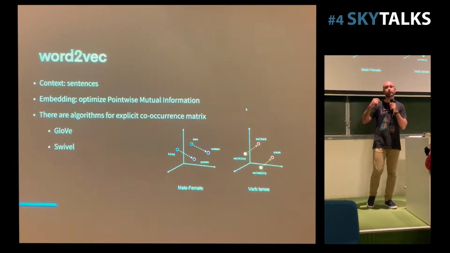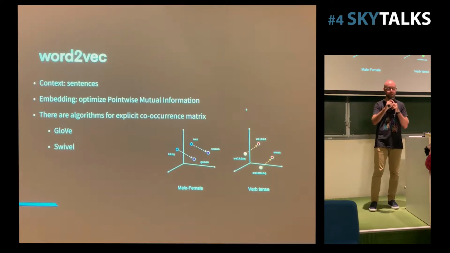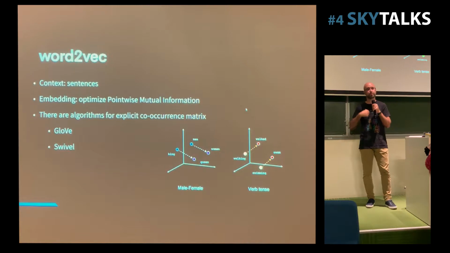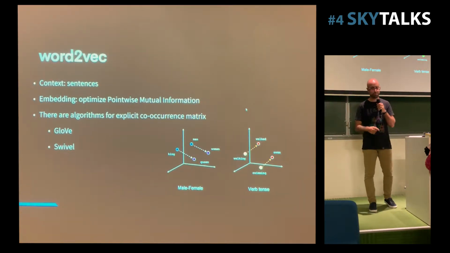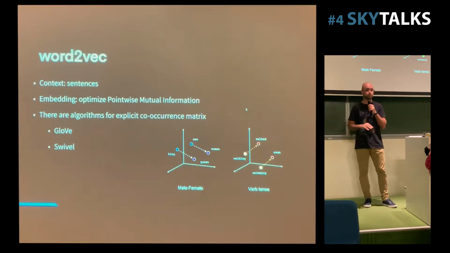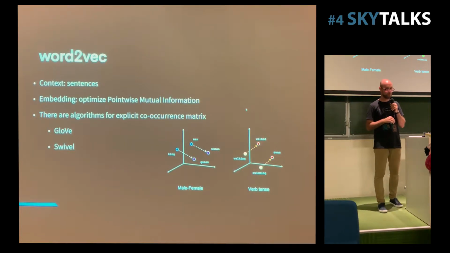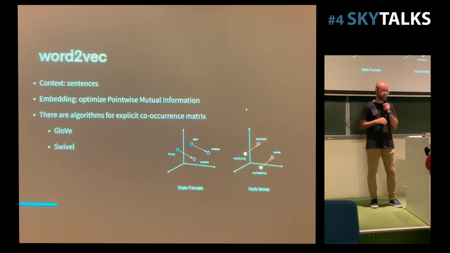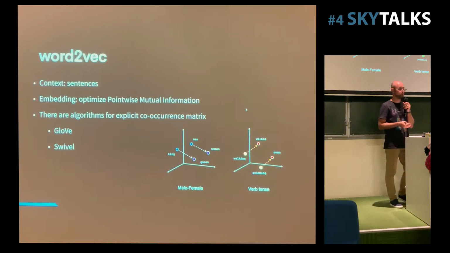If you measure the Euclidean distance or cosine distance between a pair of vectors, it will be small for words which often appear together, and it will be big if these words have nothing in common, if they never appear in the same context. And also, they allow you to do algebra operations. This is the classic example of a word2vec query.